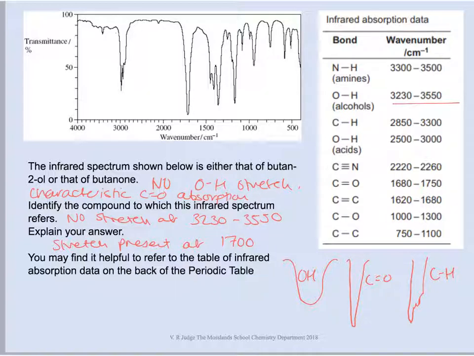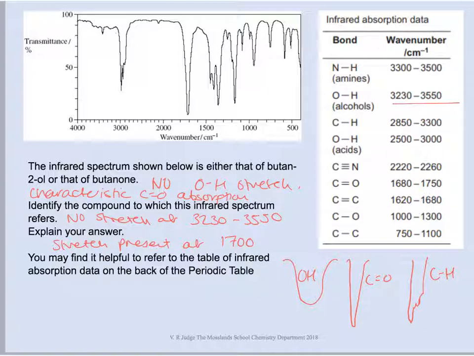And you can see I've put in 2 different ways here, so no stretch at, and I've put a range of wave numbers, but when I can see a stretch, I've tried to pick out the wave number that it's at and gone roughly for 1700. In the mark scheme for this, they probably allow somewhere between 1700 and 1710 for that peak.